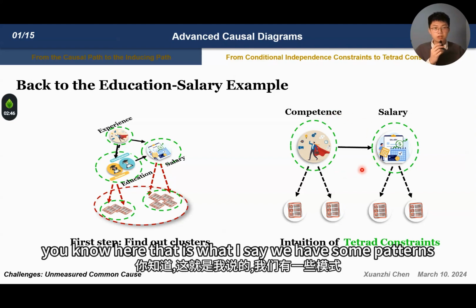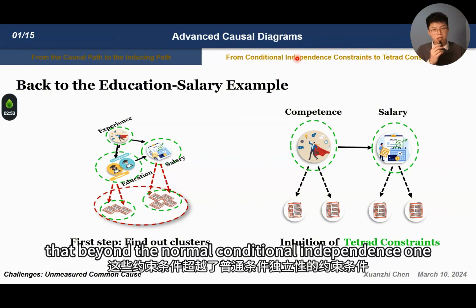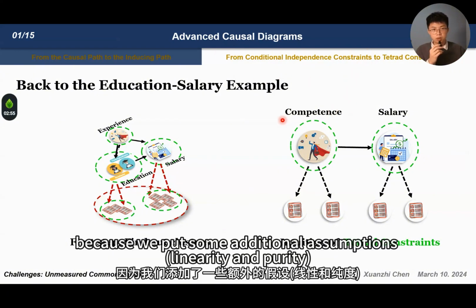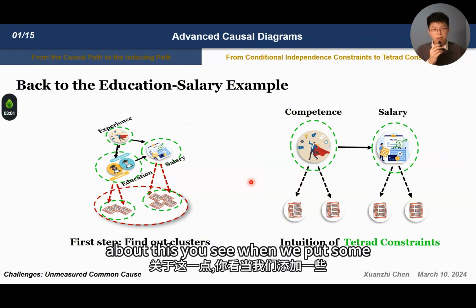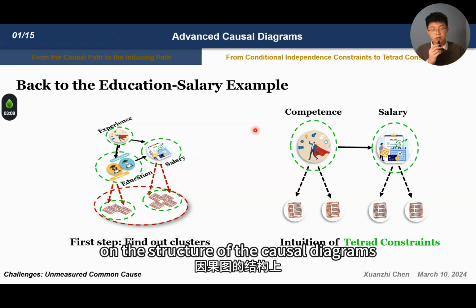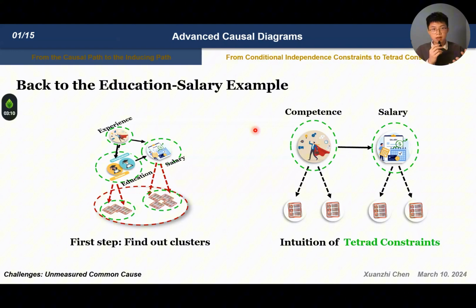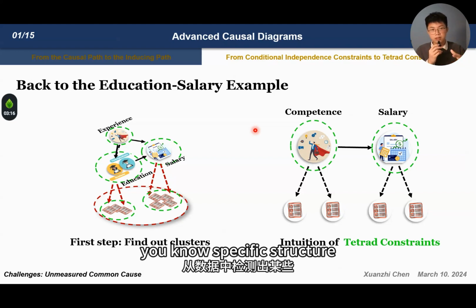And here, that is what I say: we have some patterns, some constraints, beyond the normal conditional independence ones, because we put some additional assumptions on the causal diagrams. And that is exactly the point. When we put some assumptions on the structure of the causal diagrams, it will in turn give us some constraints to detect specific structure from the data.